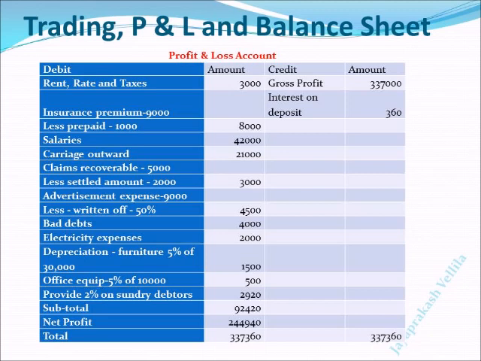Debit side is 92,420. Debit side is less than credit side, so it is profit. Therefore, the net profit of the firm is 3,37,360 minus 92,420, which is equal to 2,44,940. So this is the end of the profit and loss account.